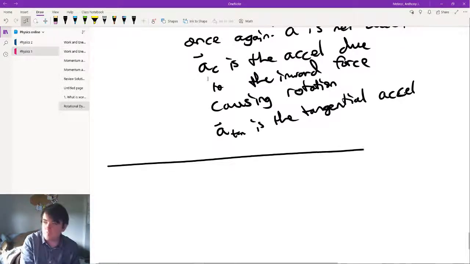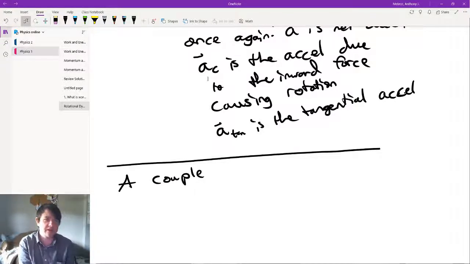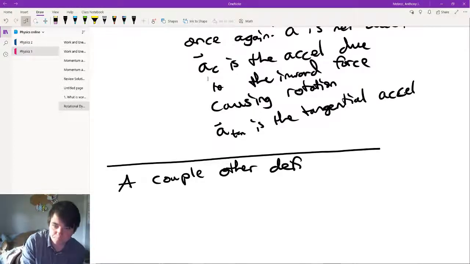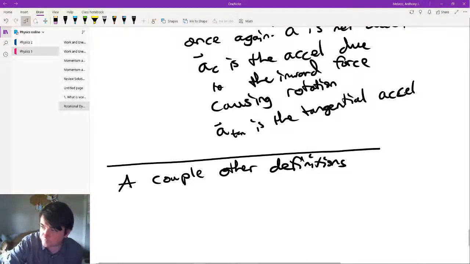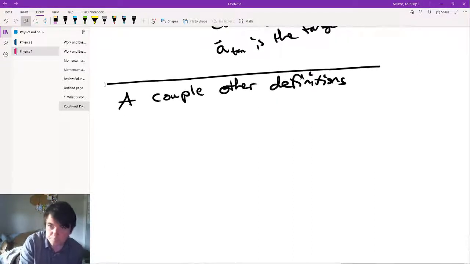A couple other definitions, and then we can get to the important equations for kinematics when it comes to rotation. These come up when you're talking about rotation.